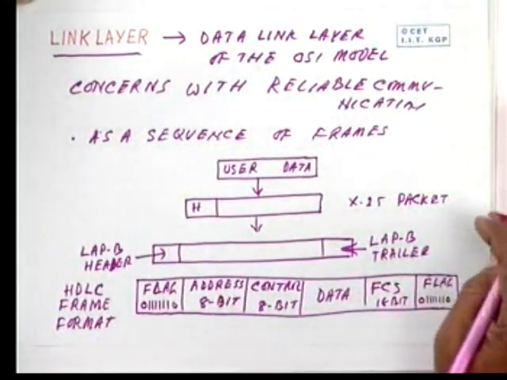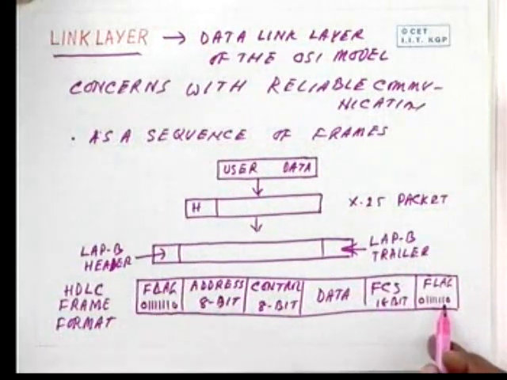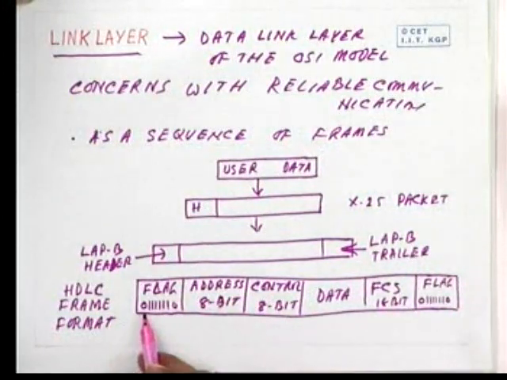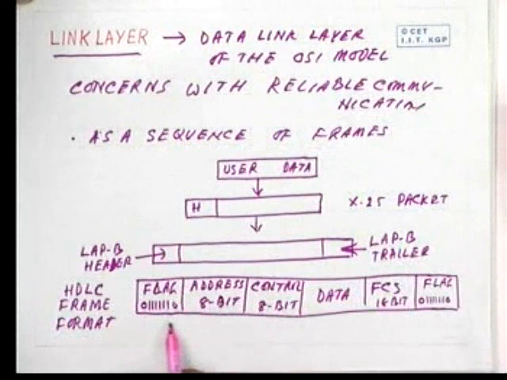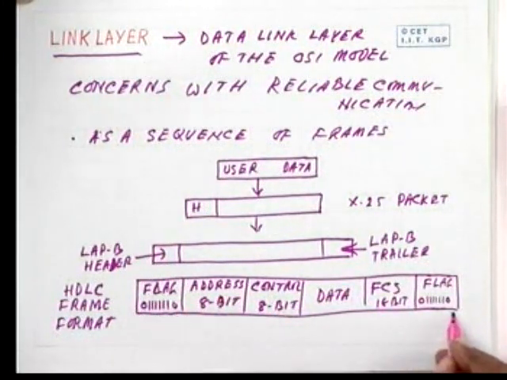Now there is one problem in this particular case. You have sent a flag of 8 bit in the beginning and at the end to identify the beginning and end of a frame.